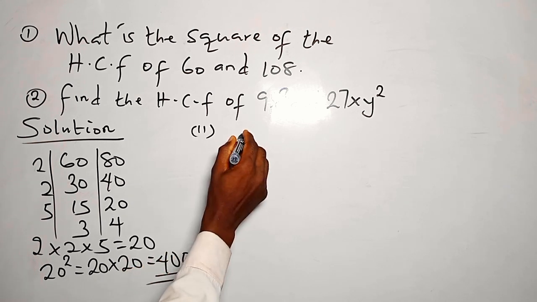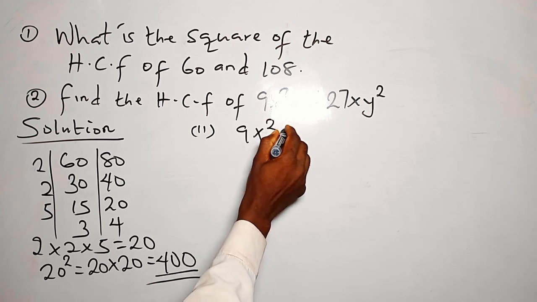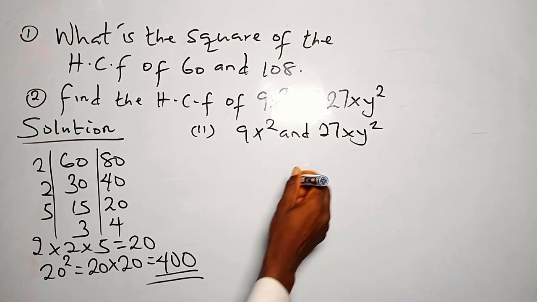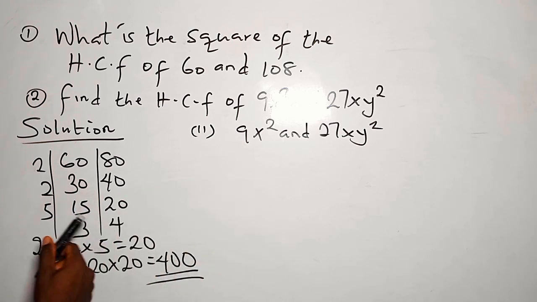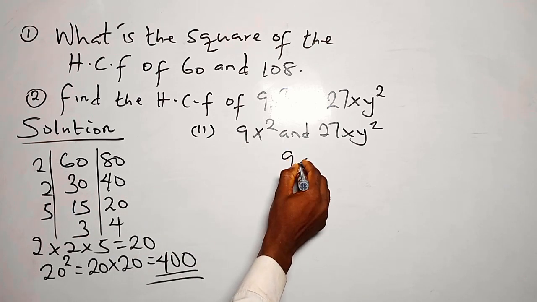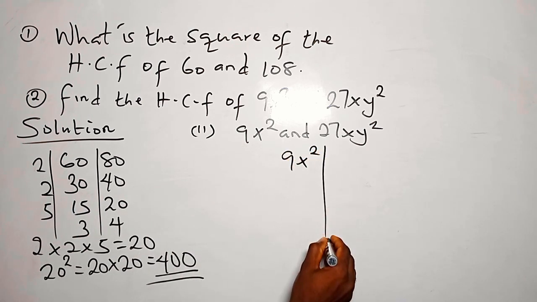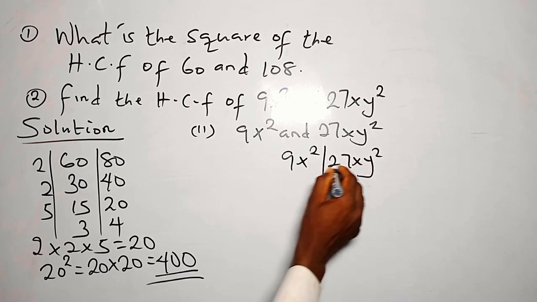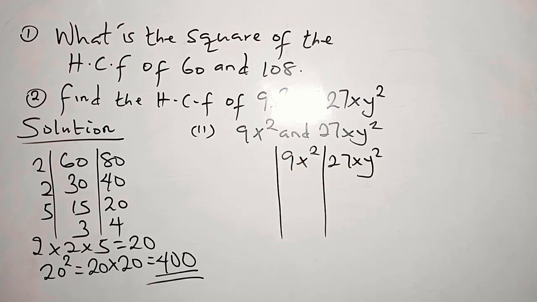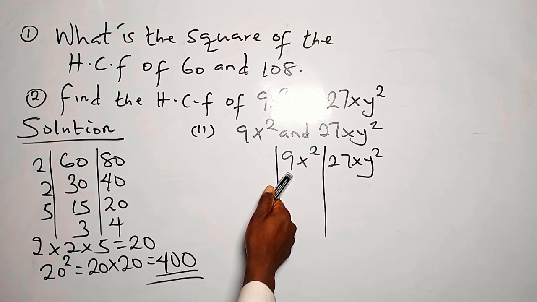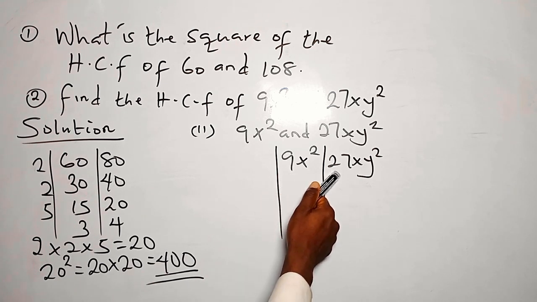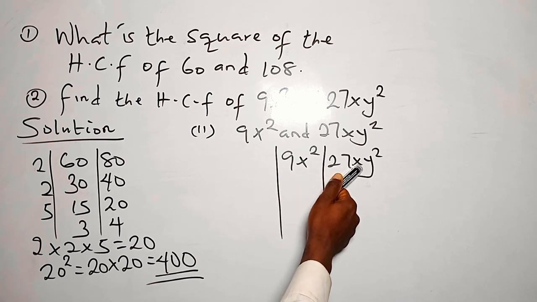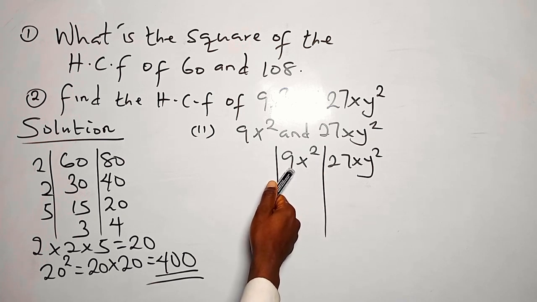Okay. So for 9x squared and 27xy squared, we can approach it using this method in a column form. So we have 9x squared, and here we have 27xy squared. So we watch out for the numbers. We have 9, we have 27, and x and x is common, so we can factor out.